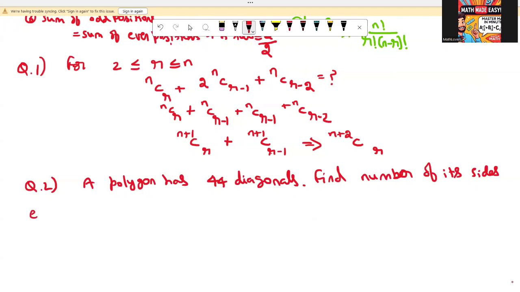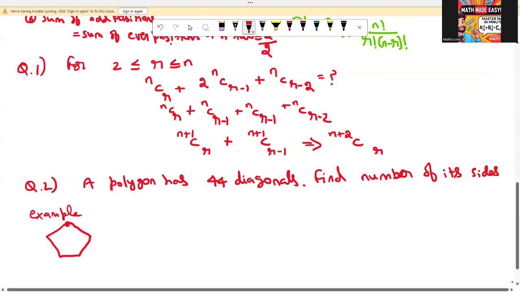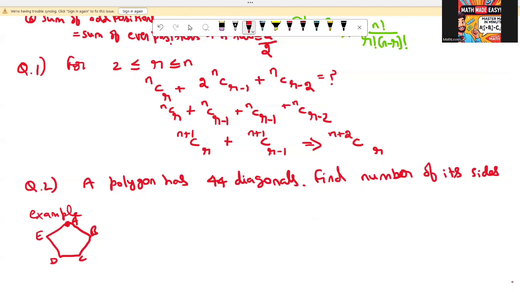As an example, I'll show you. If I'm taking a pentagon, this particular vertex, let me call it A, is already adjacent to vertex B as well as vertex C. So connecting to them will create only sides of the polygon, not the diagonals. But if I connect A to C and A to D, they will be called diagonals.